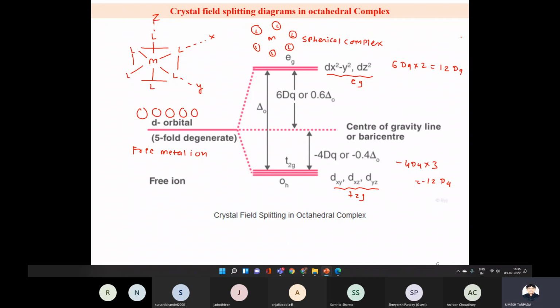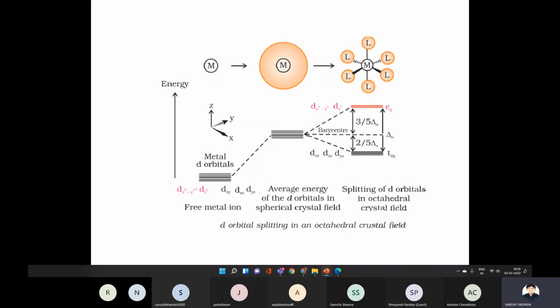We know that the d orbital is split into two sets. Initially, whenever the metal is in a free state, all five orbitals have the same energy. But once it comes close to the ligand, or a complex is formed, in a spherical field you have repulsion, and that's why the five d orbitals get split into two different levels.